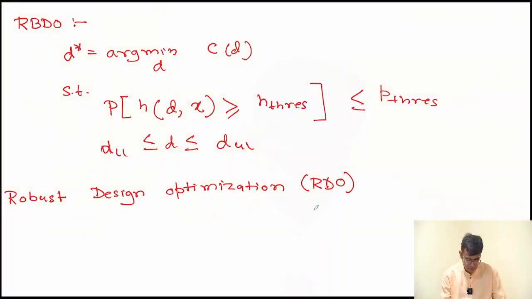But my objective function should not change even if this value is changing by much, which is insensitive. Even if the input is changing, my output is not changing. That means it is robust. Robust means perturbation does not impact my final outcome. So that is the idea. So this is insensitive design.